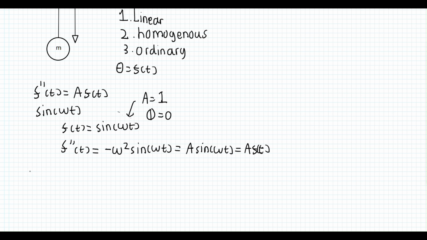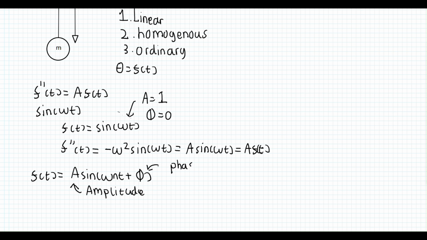But sine is normally written in its more general form, where f of t in this case is A sine omega n t plus phi, where A is the amplitude, phi is the phase, and omega n is the natural frequency.